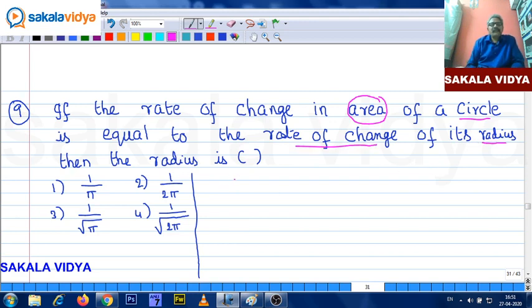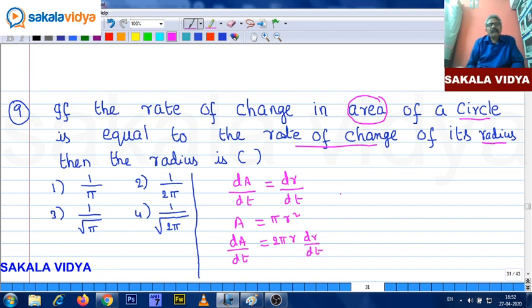So, what is given means dA by dt equals dr by dt. Area of the circle is A is equal to pi r square, dA by dt let us find out, equal to 2 pi r, r square differentiation is 2r, and dr by dt.